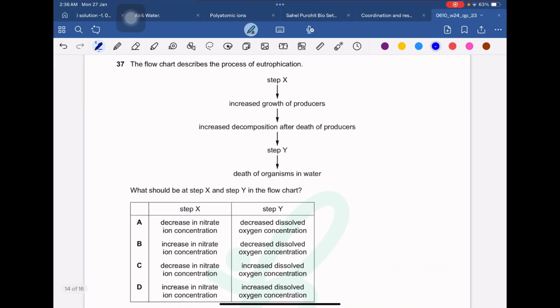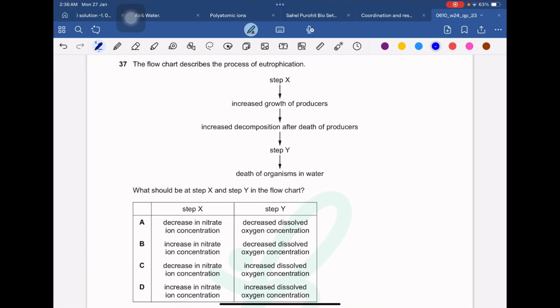Let's move on to question number 37. The flowchart describes the process of eutrophication, and they are asking what should be at step X and Y in the flowchart. So step X in that case will be increased nitrate concentration in the water body, because that is the nutrient for the algae to grow.